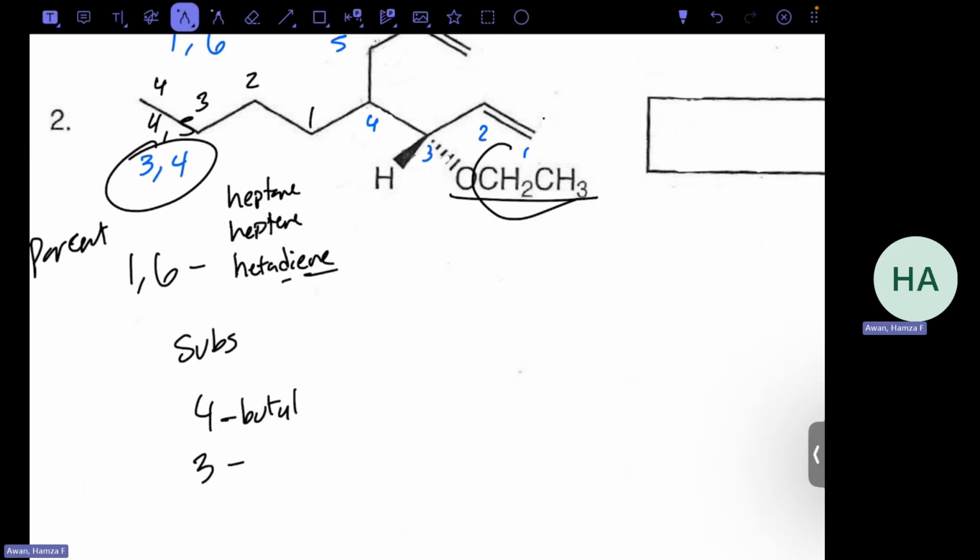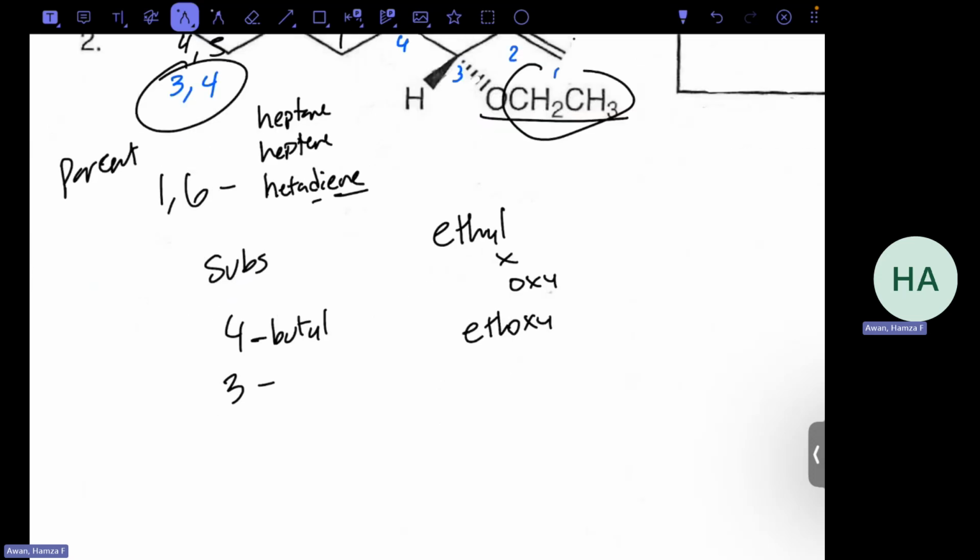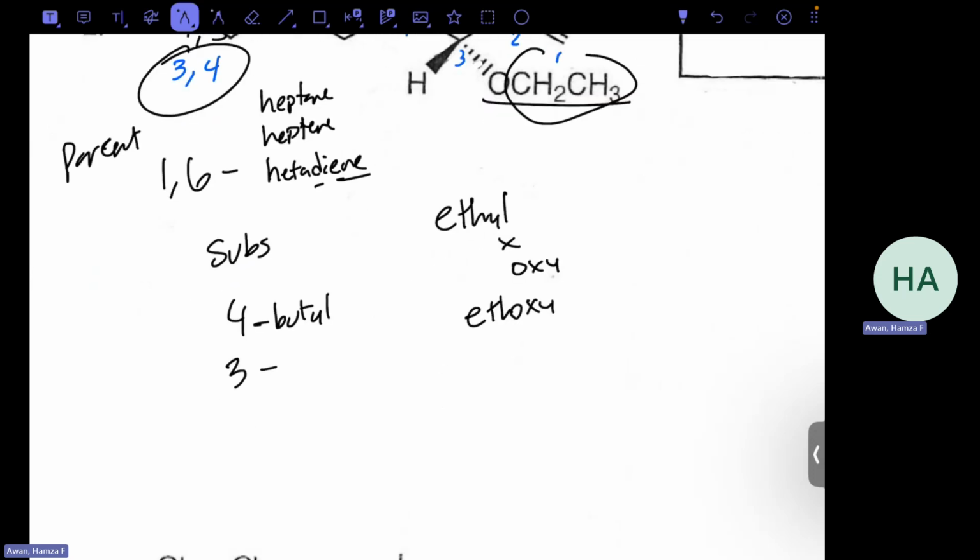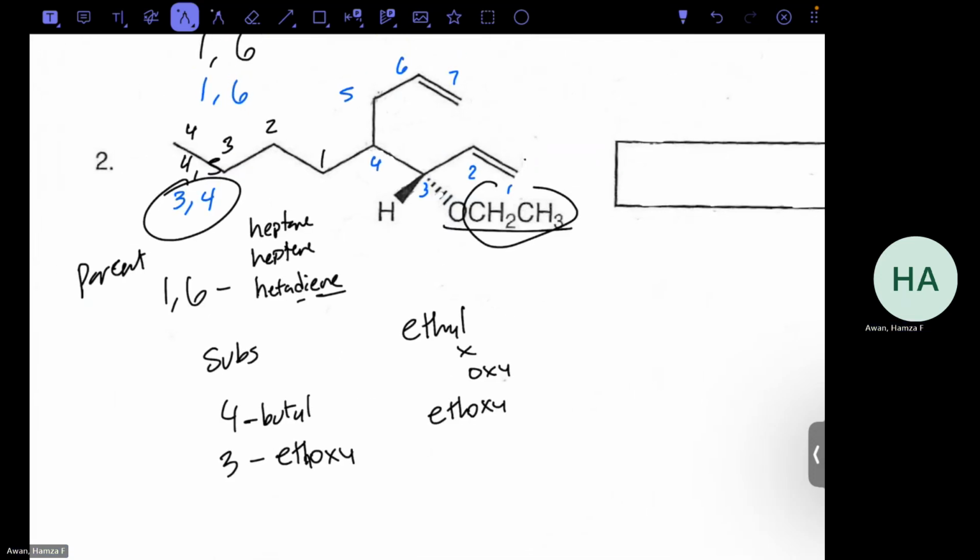Whenever we have an ether group, that yl gets dropped. So we drop the yl, ethyl, and then we drop the yl, and it becomes oxy, right? So put it together, we have ethoxy, right? So our substituent on carbon 3 is an ethoxy group. And that's all we have for substituents.